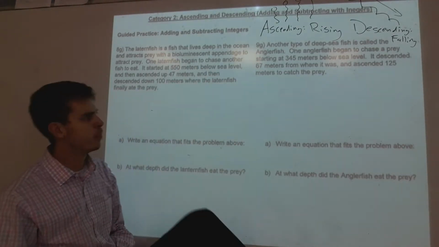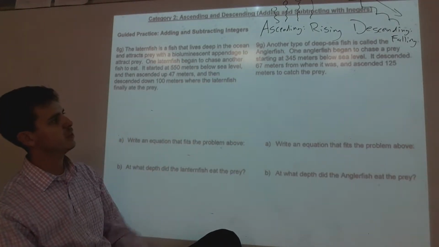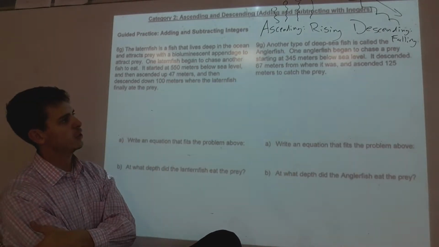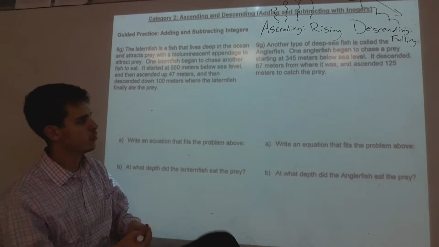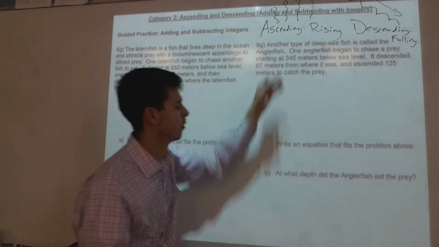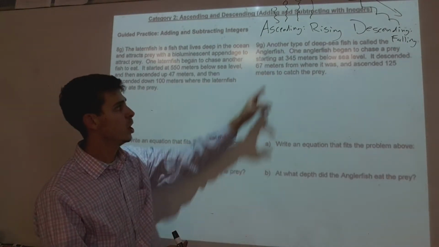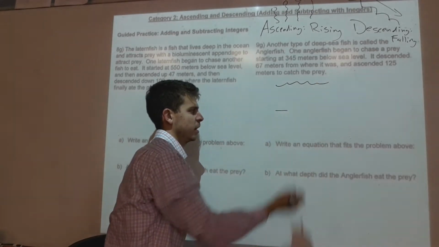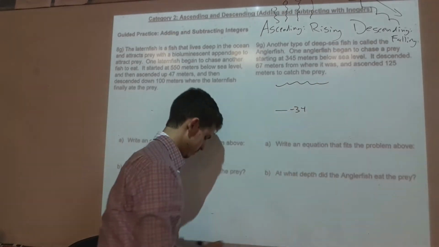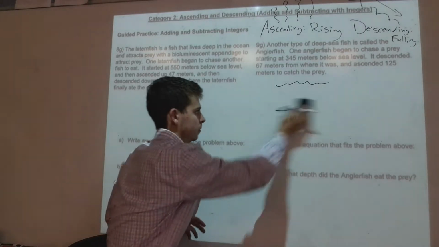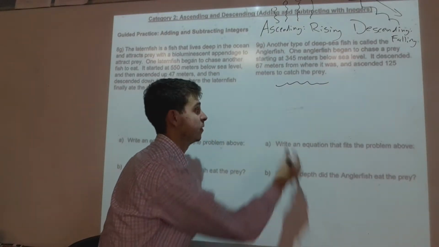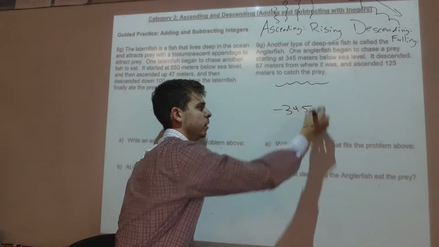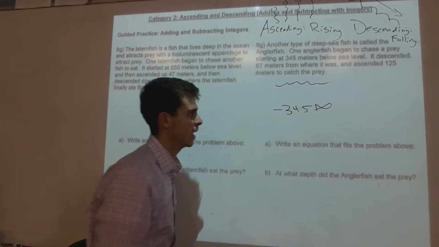Very similar type of problem. Another type of deep sea fish is called the anglerfish. One anglerfish began to chase a prey starting at 345 meters below sea level. So let's dive right in. You can draw the picture here. It starts at 345 below, so it's right here, negative 345.